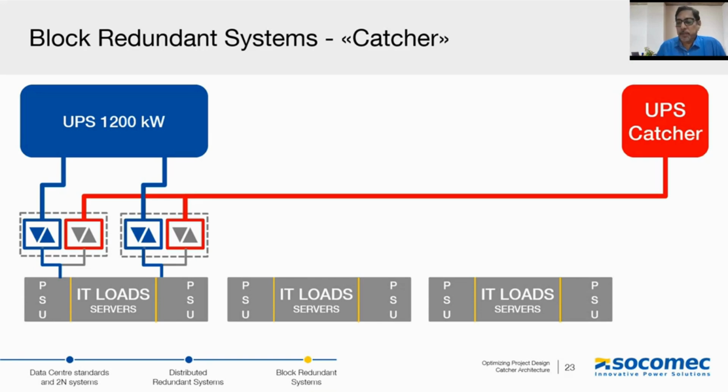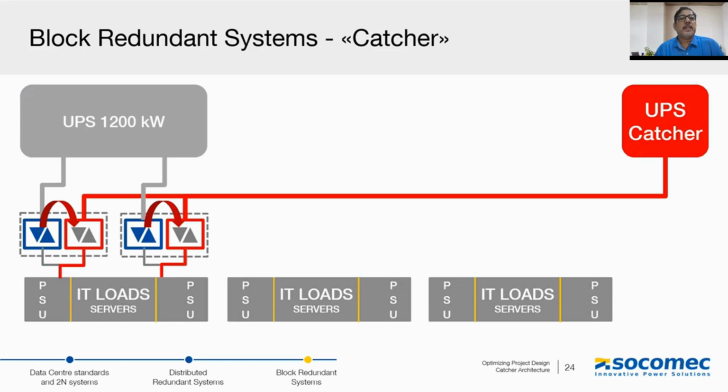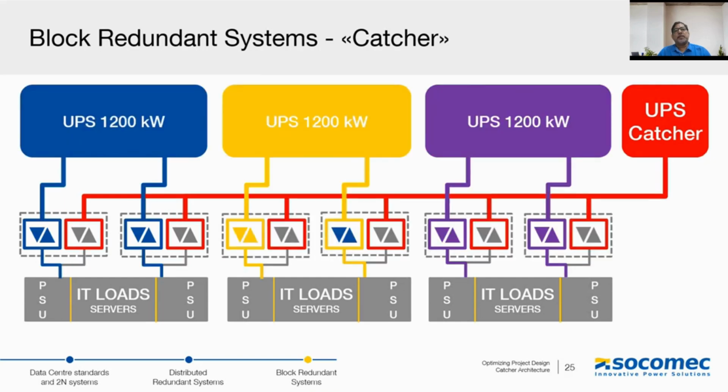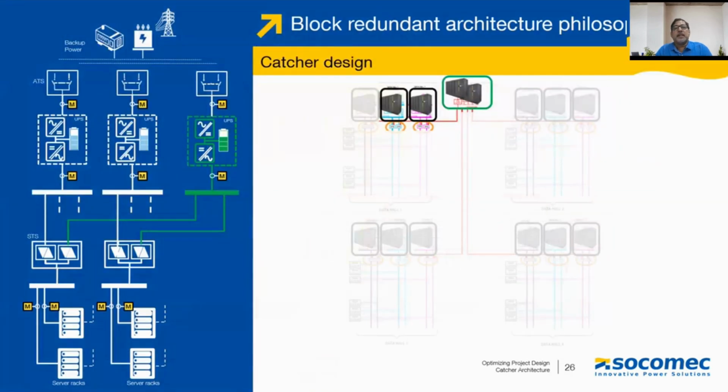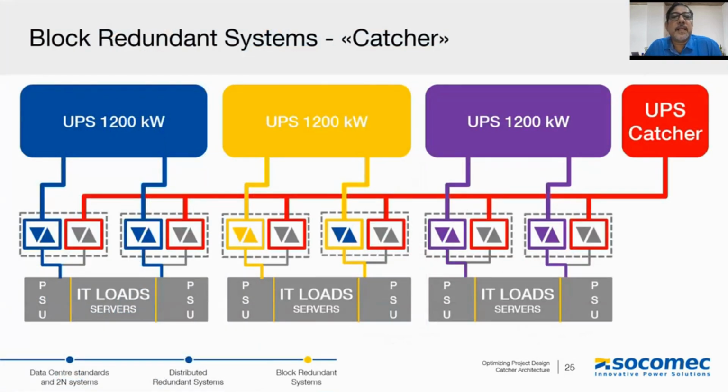Now, a catcher UPS is a standby UPS system. So, in case of any maintainability or availability issues with the primary UPS system, the static switch will transfer the load to the catcher UPS. This can be designed as a common catcher UPS system for multiple UPS systems, as you can see in the illustration here.